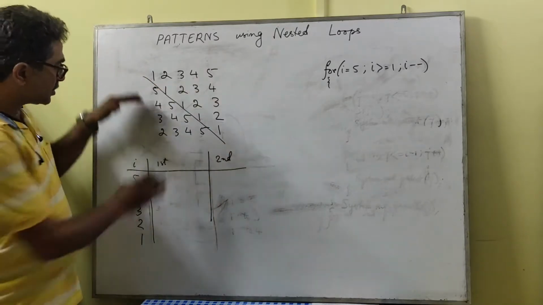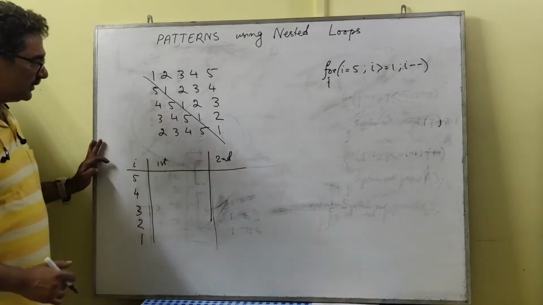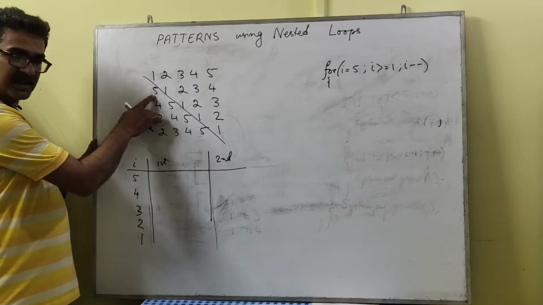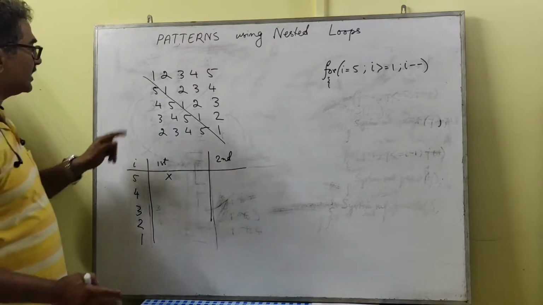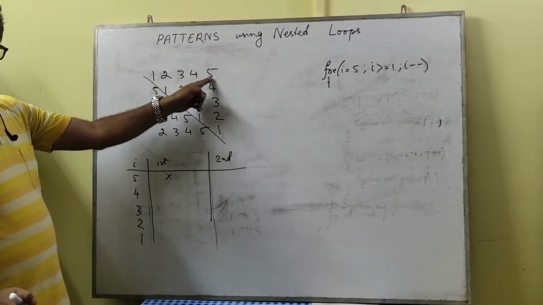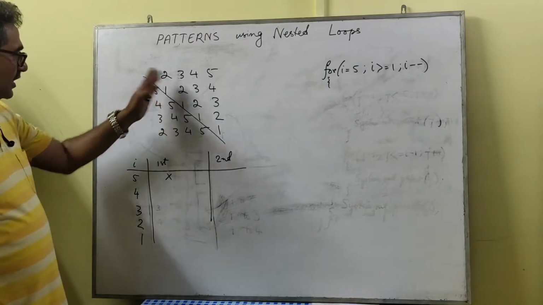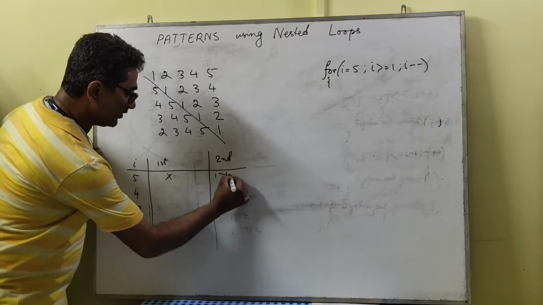So the first inner loop should be generating this particular pattern. So if you look at this carefully, there is no number of the first triangle getting printed. So we'll put a cross. As usual, we are not going to think about it. Whereas here, that is the second half of this particular pattern, 1 to 5 gets printed. So we can tell 1 to 5.